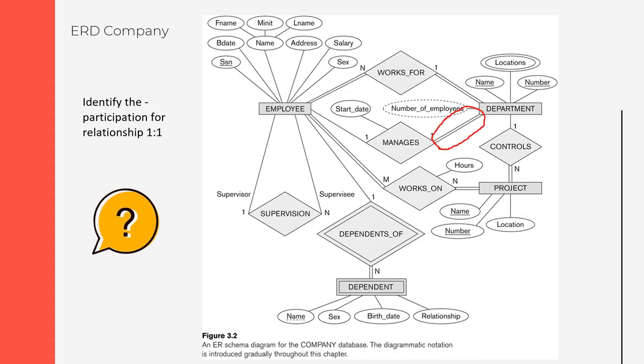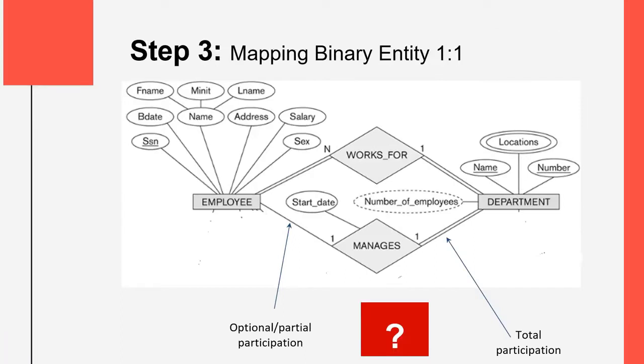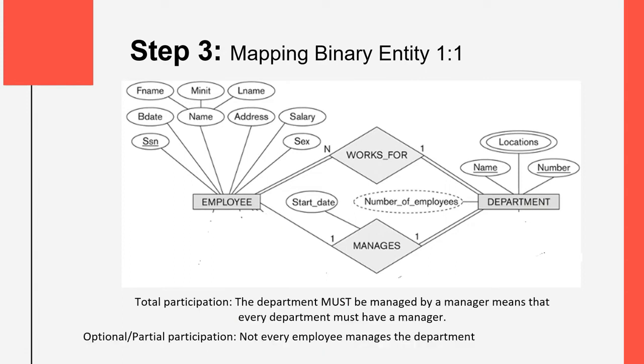So the department has a total participation in managing, and the employee has optional or partial participation in the relationship. So what does this mean? The total participation means that the department must be managed by a manager, meaning that every department must have a manager.